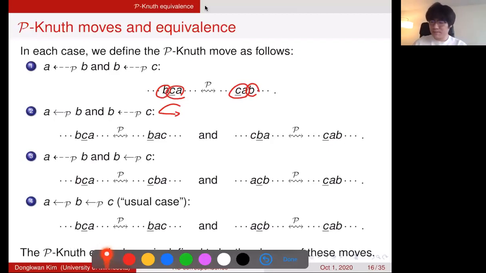It is not clear at this moment why we need to define it this way. I may say that it is more or less the only way to make this theory work and be efficient. You can put in more moves, but then the result can be a little coarser.